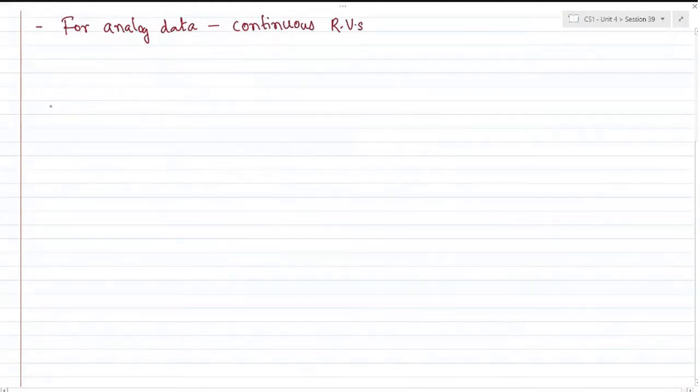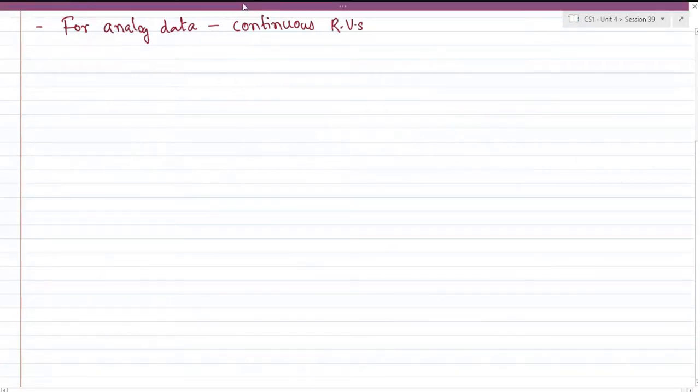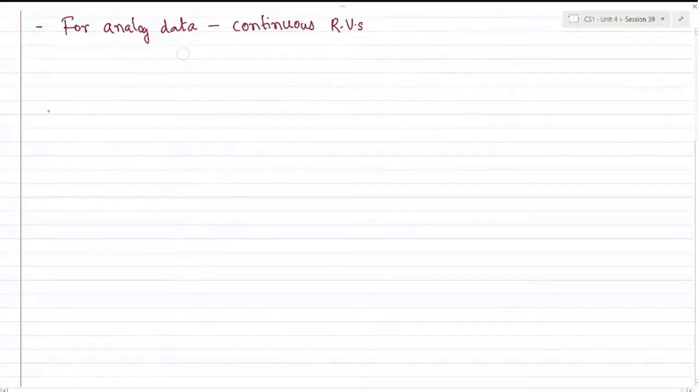Okay, so the road leads, through a couple of sessions including this, to the definition of channel capacity for continuous memoryless channel. But prior to that, we need to define starting from entropy itself. So in case of analog data, let's try to define the entropy in this session.